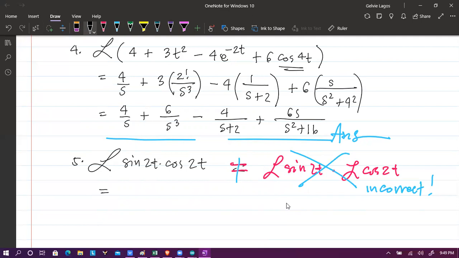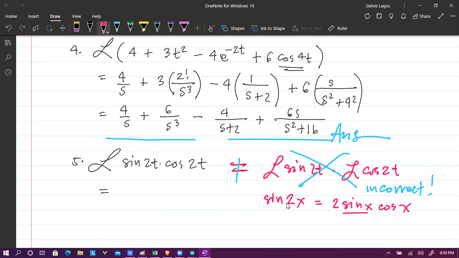Now let's try the Laplace transform of this by using identities. Recall that the identity, let's try this one. Recall that sine of 2x, let's use x, is equivalent to 2 sine of x cosine of x. Now, take note, this is the identity.